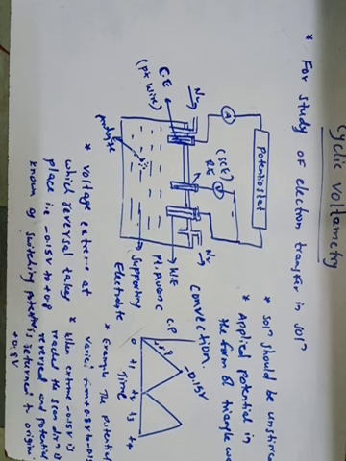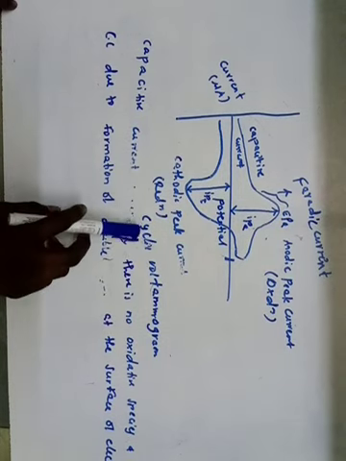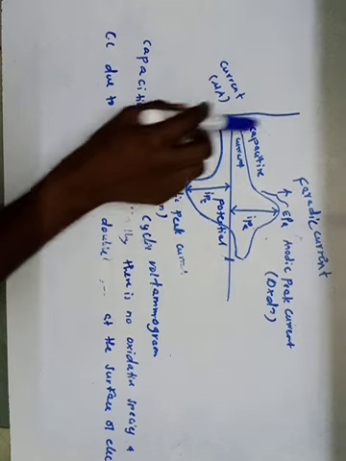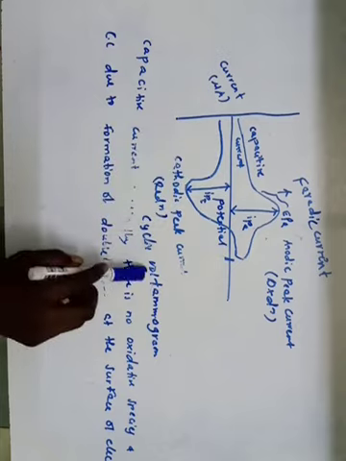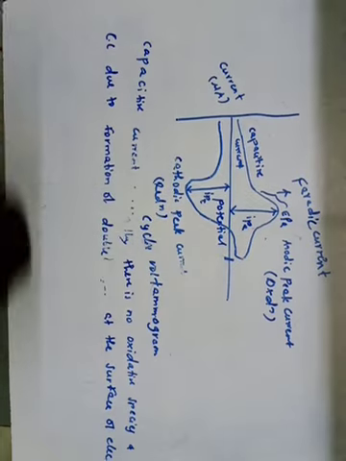Now we are going to discuss the cyclic voltammogram. This is the cyclic voltammogram. The graph between current and potential is known as a voltammogram, and initially the graph will be like this.